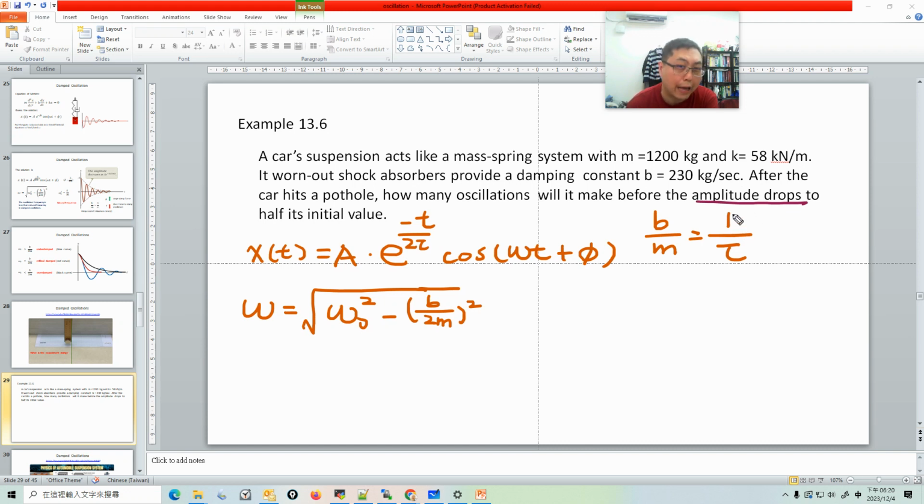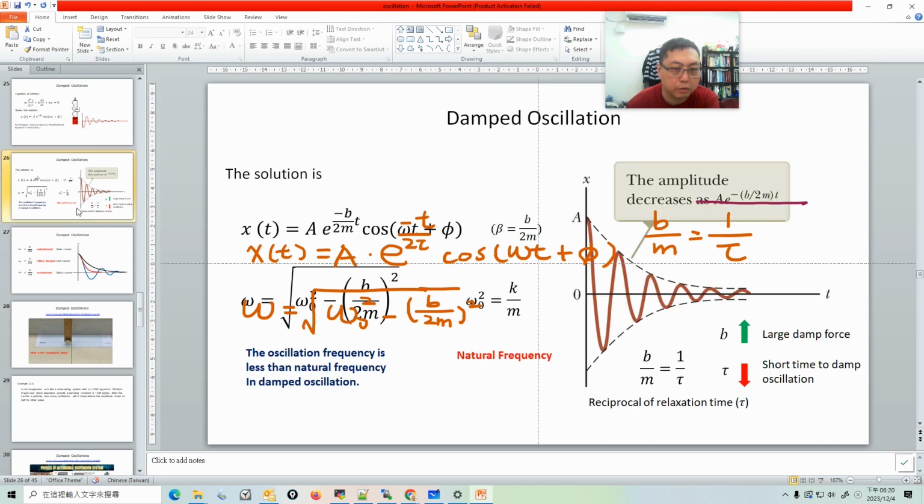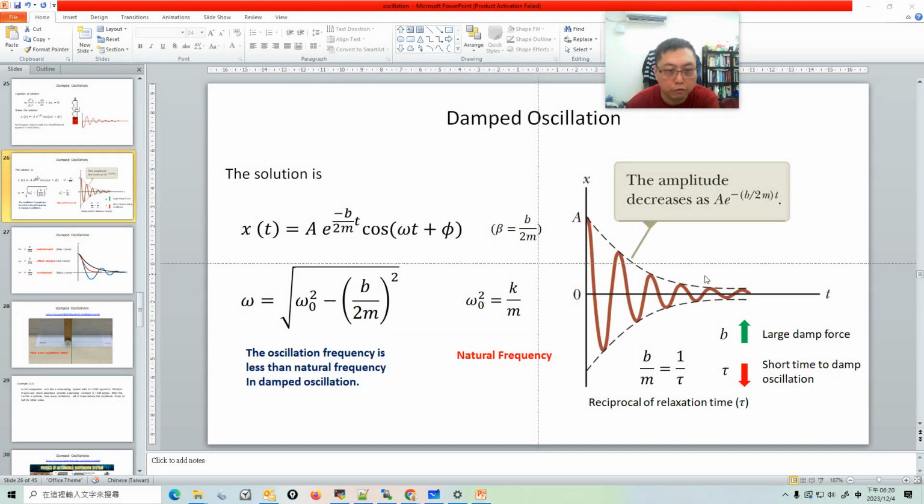So we don't have to consider the oscillating term, because the envelope of the decay follows the exponential function. Whenever you work on an amplitude decay problem, you only consider the exponential term, because the envelope of the damped oscillation follows the exponential function.